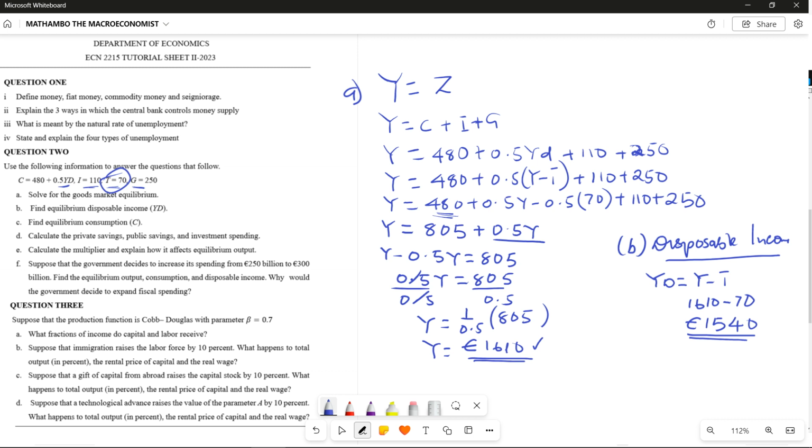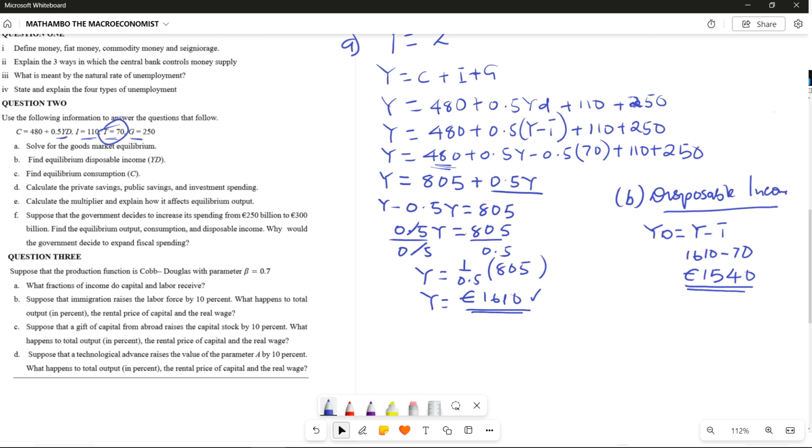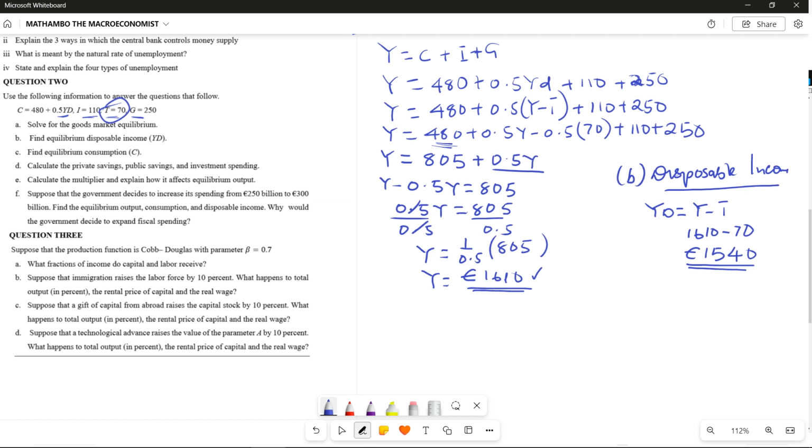What does this mean? It means that from the gross income of 1610, after removing taxes, we have our disposable income, which is equal to 1540 euros. And then for part C it's saying find the equilibrium consumption. We've been given the function for consumption, which is 480 plus 0.5 of YD.